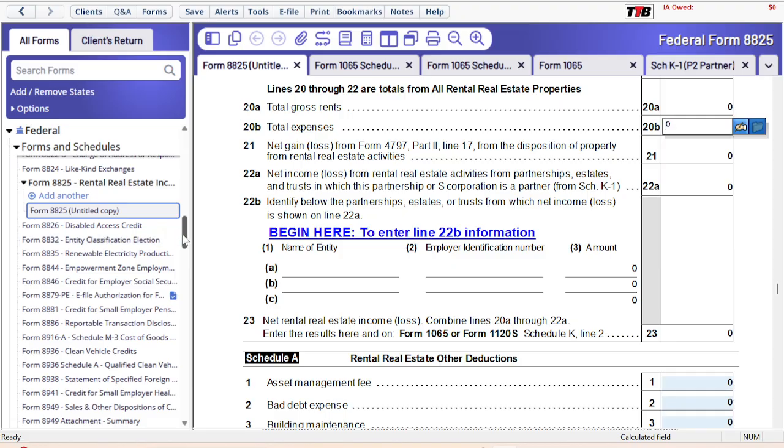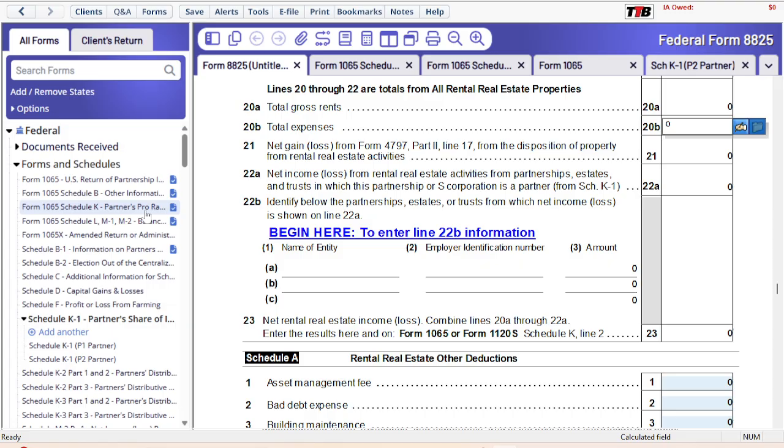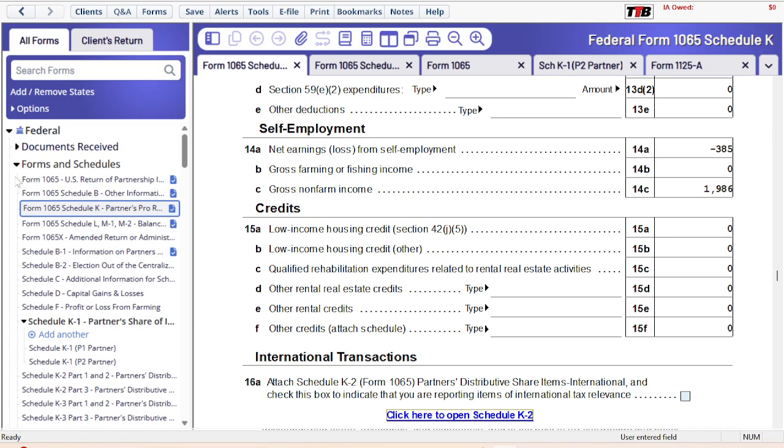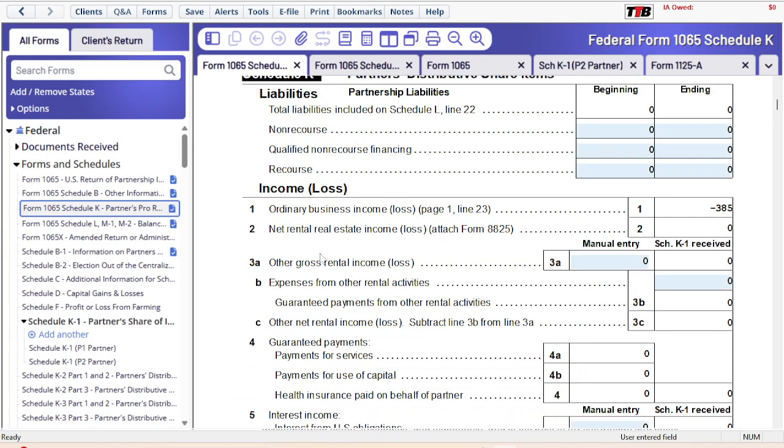So that is how your rental property activity will be recorded, and we are going to come back to Schedule K, and that profit or loss will come here and will be on line 2.